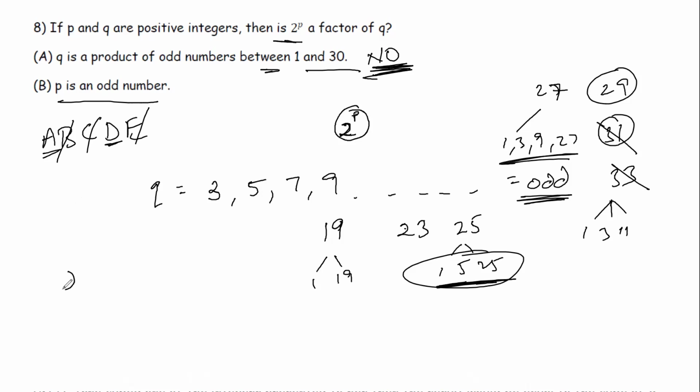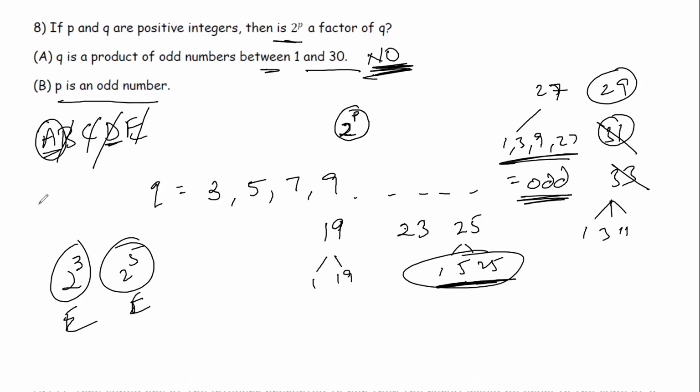It just tells us that 2 to the power something, like 2 to the power 3 or 2 to the power 5, the outcome is even. The outcome is going to be even anyway, whether P is odd or not. Are you with me? So statement B doesn't answer the question. Therefore, D is out. Only A answers. Got it, guys? Statement B doesn't tell us anything.